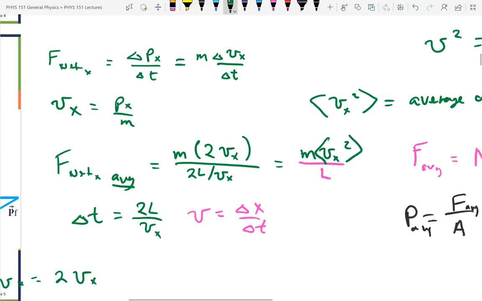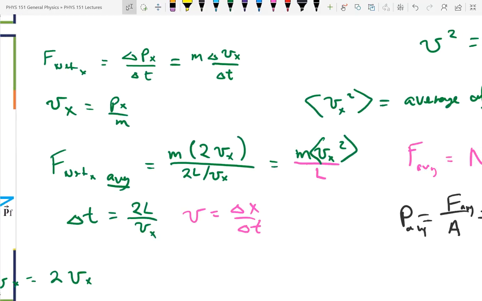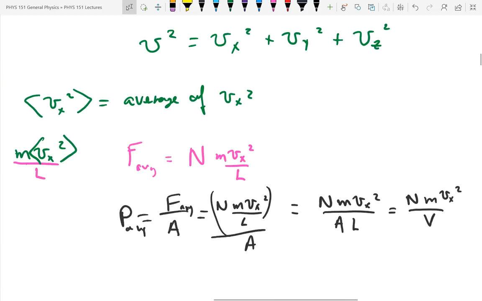I forgot to do that. The average force is going to be the average of the speed in the x direction squared. And so I should have those everywhere I have this. Okay, that was a mistake to forget that.